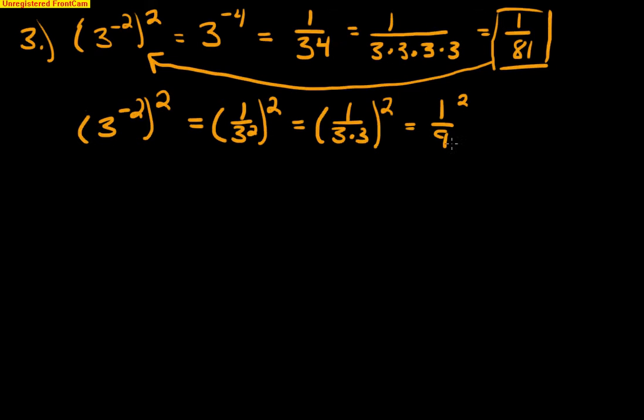Well, that's the same thing as 1/9 times 1/9. 1 times 1 is 1, 9 times 9 is 81. That's why I love math, because you can get to the same spot with multiple methods, as long as you know what you're doing. That's what's really cool about this. So that's number 3.